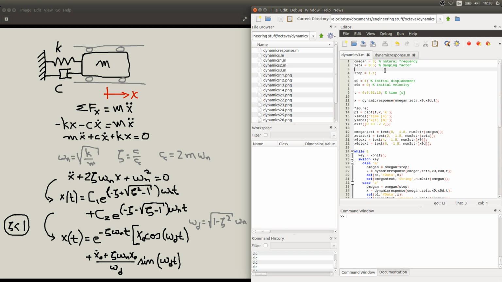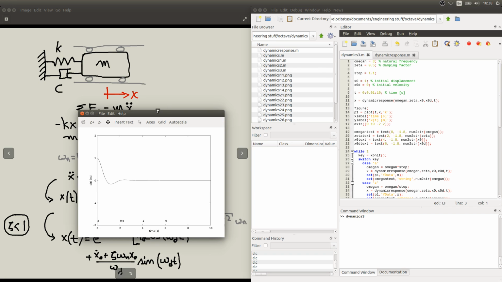Now, if we go back here, we can check our script or our function by running this, and we see that we get a response that starts from our initial condition on displacement that we set, which is 1. Again, as our initial condition on velocity, it starts with derivative equals 0, so it starts horizontally.